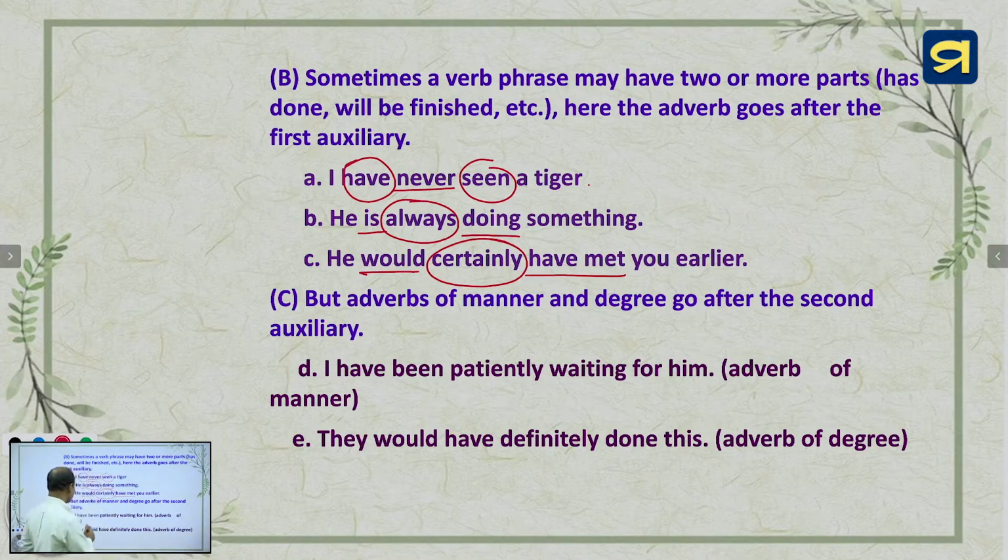You can see that patiently, the adverb, is used after have been, and they would have definitely done this. You can mark that definitely is used after would have, means after the second auxiliary. As you know, this is an adverb of degree, used after the second auxiliary.